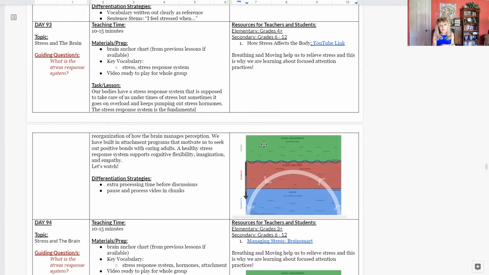And even if the event has passed, the body can hold on to that discomfort, that unease, through this overproduction of cortisol and adrenaline, which are our stress hormones.